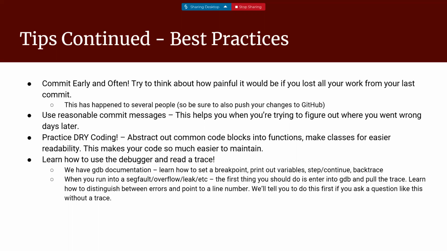I'm sure you've heard that advice plenty of times, but use it in 313. Reasonable commit messages let you know what you've been doing, what you've tried in the past. It's super helpful to see logical commit messages when you're looking at your GitHub repo, especially if you're trying to figure out where a bug was introduced in your code.